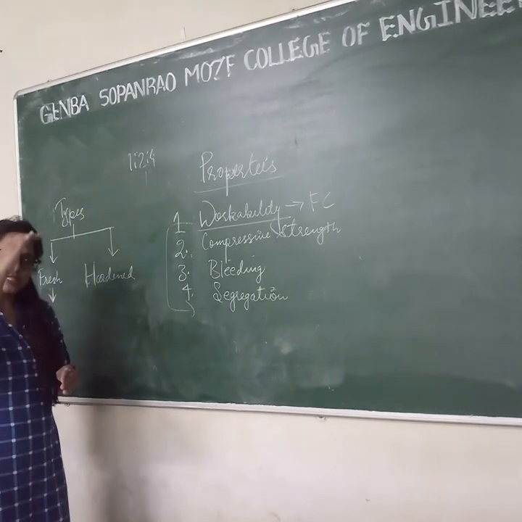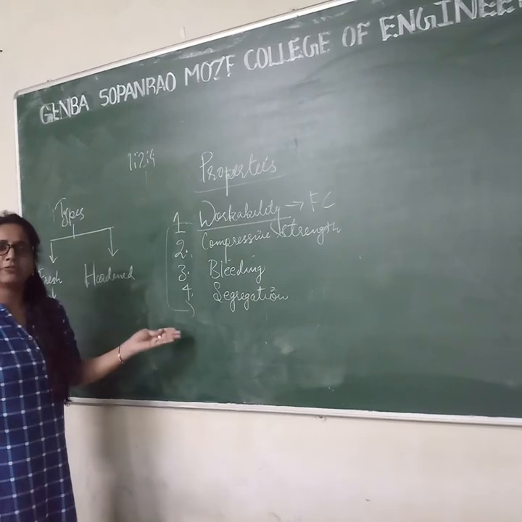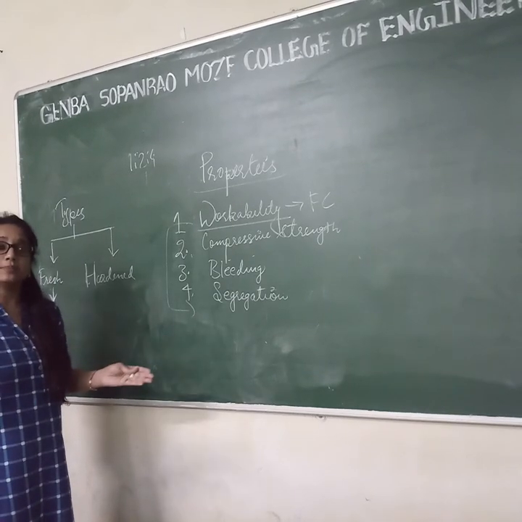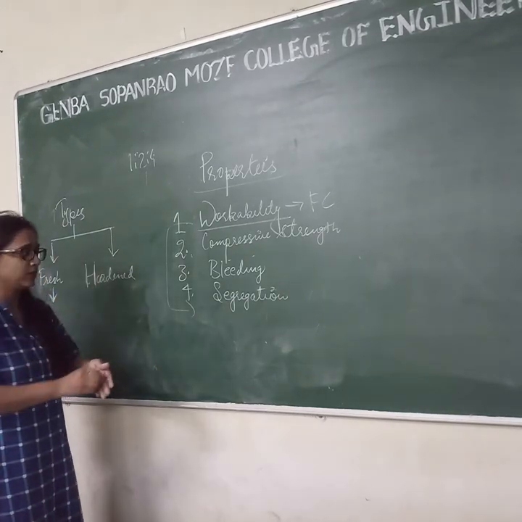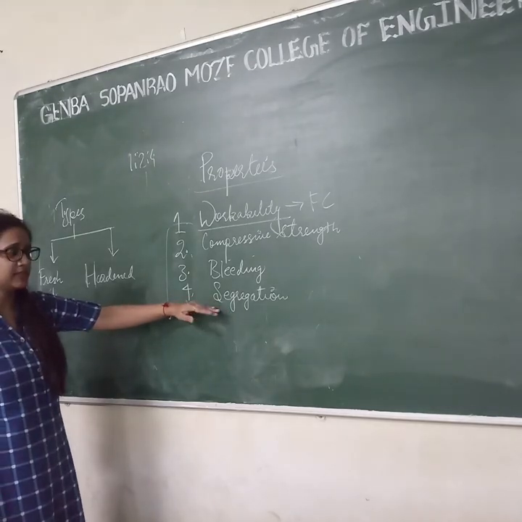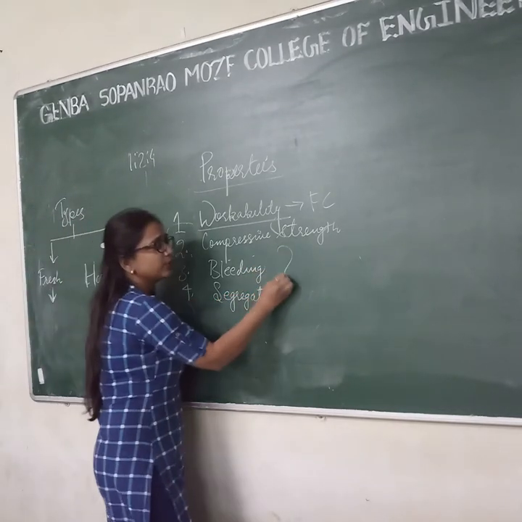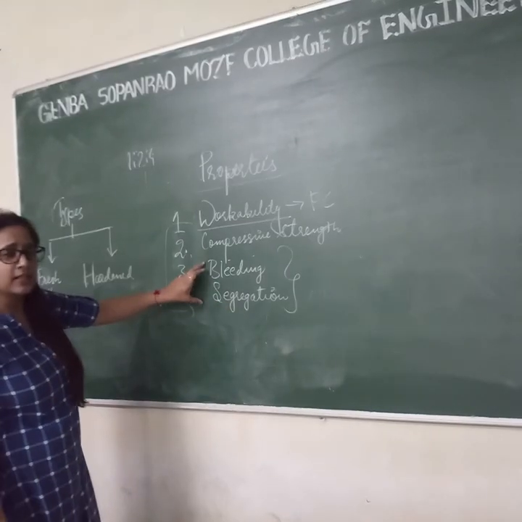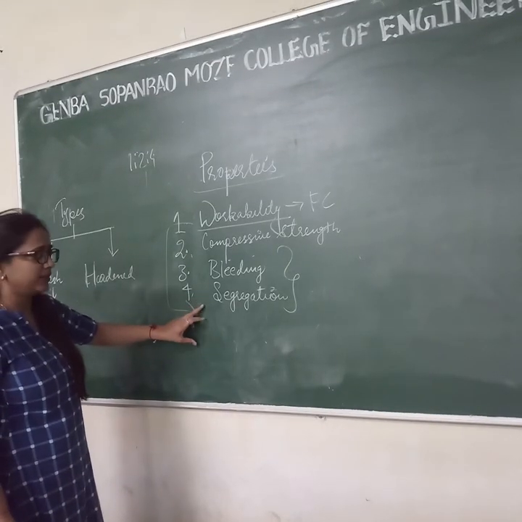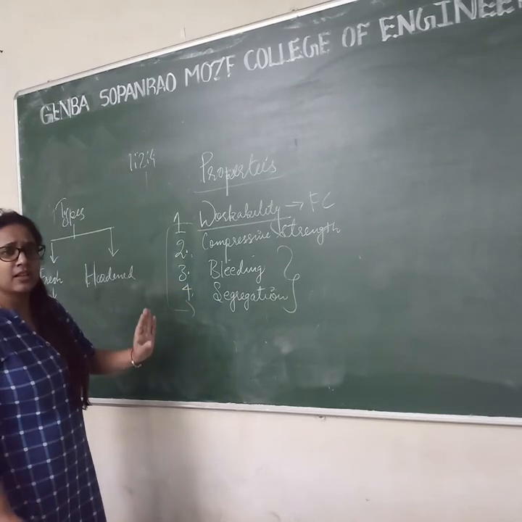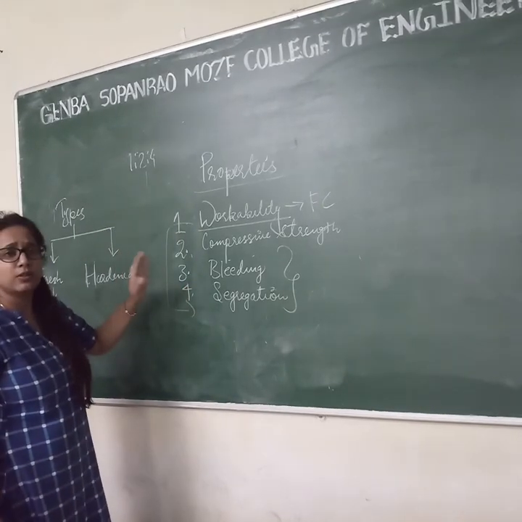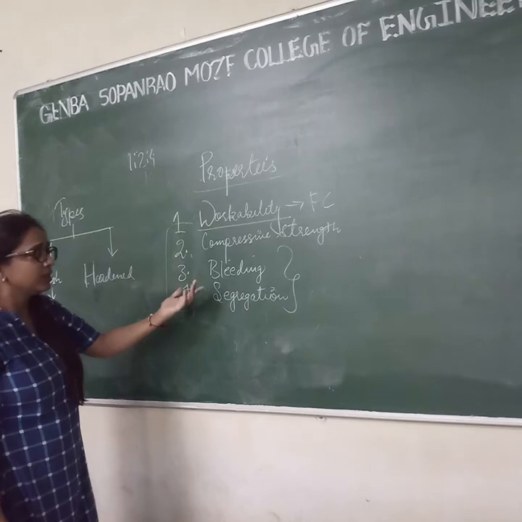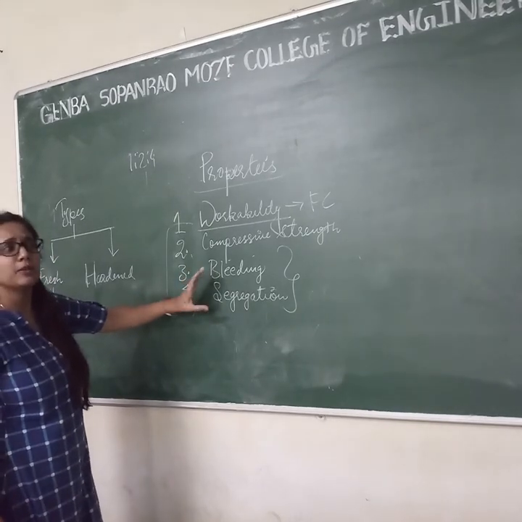When these materials get separated from each other, that deficiency is known as segregation. So these are the two unwanted things for concrete. If these things happen in concrete, your structure cannot be built from it. So these are the two undesirable properties.